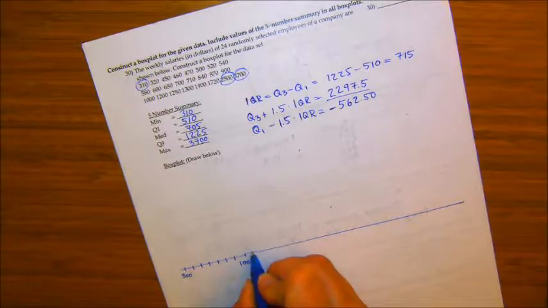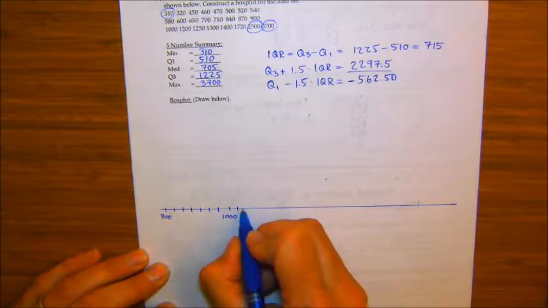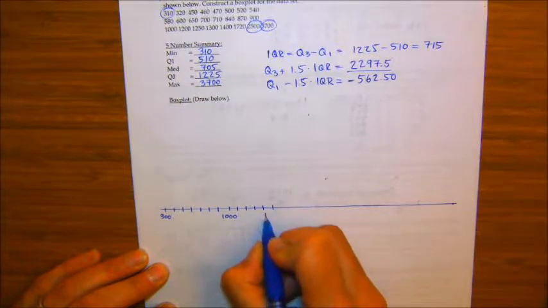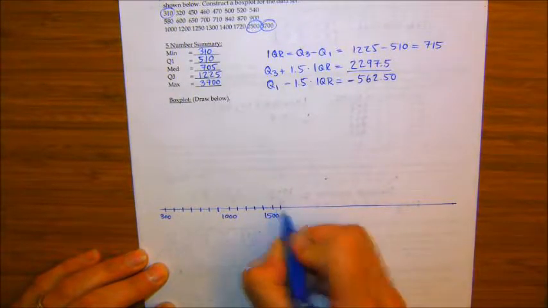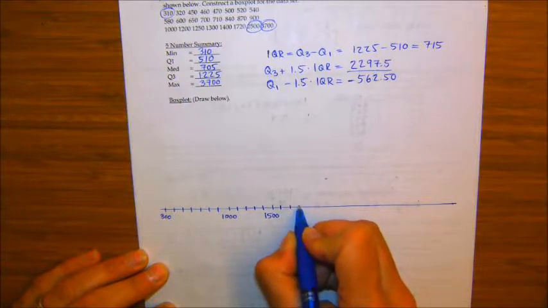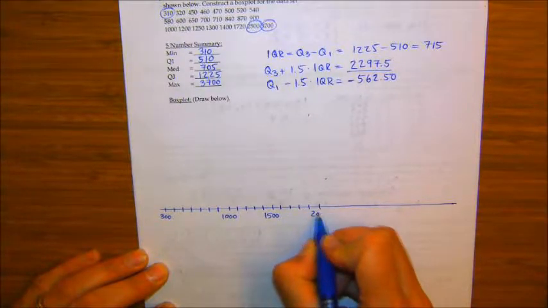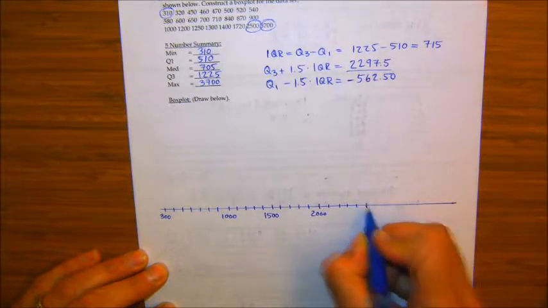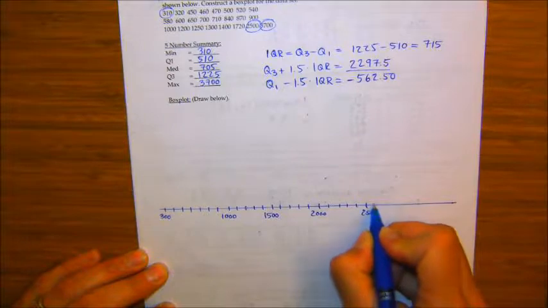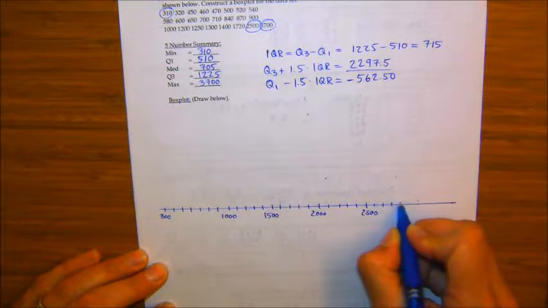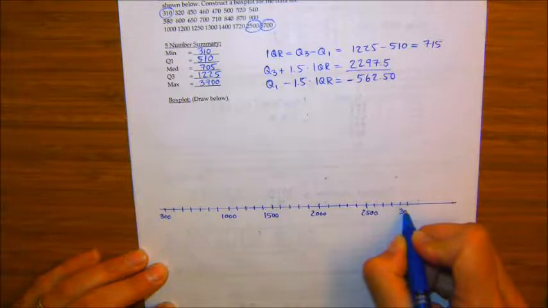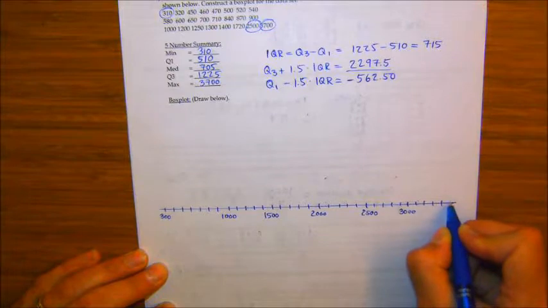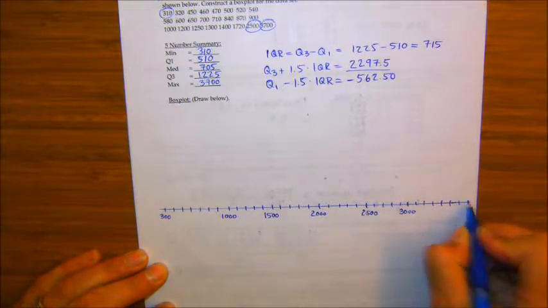And then we have 1,100, 1,200, 1,300, 1,400, 1,500, 1,600, 1,700, 1,800, 1,900, 2,000, and so on up to 3,700.